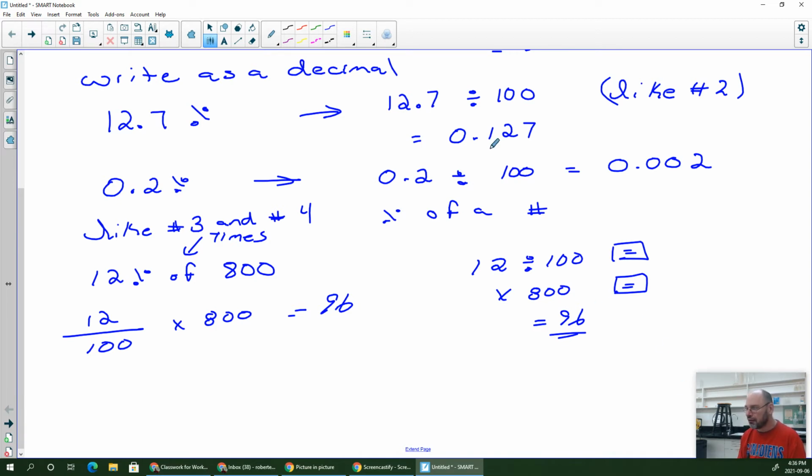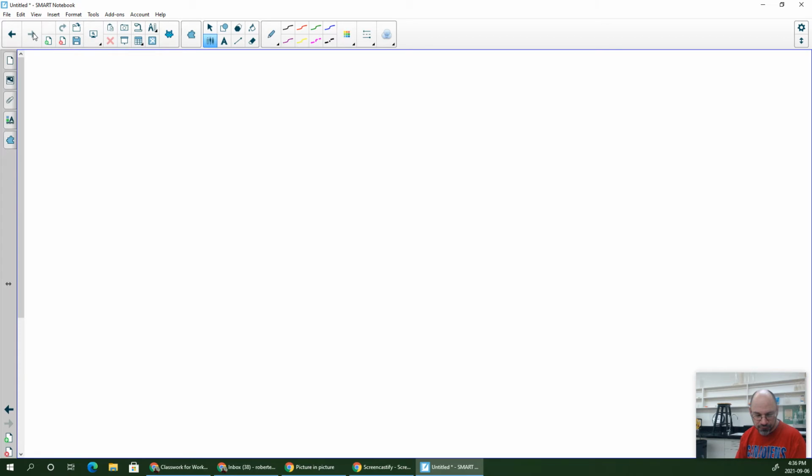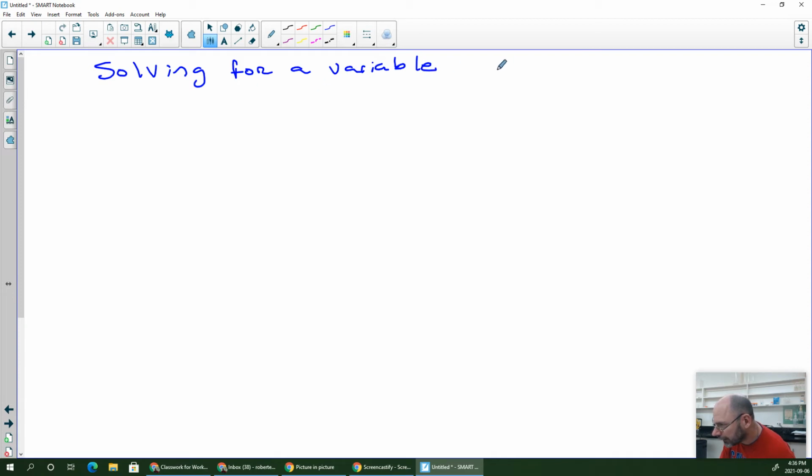Okay, the other thing we're going to do, and I'm going to flip the page ahead, is in questions like 5 and 6, we have to solve for a variable. So solving for a variable. Okay, this is like number 5 and number 6 on the practice there.